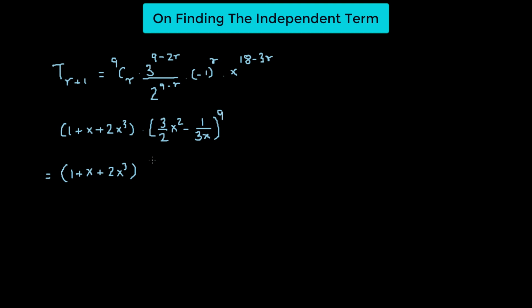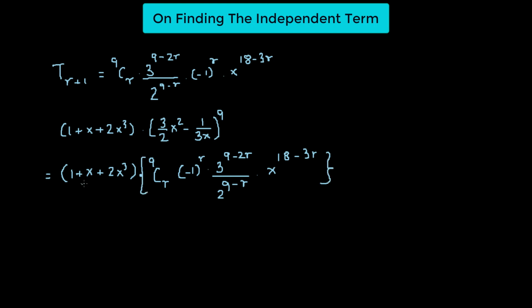So we have 9Cr times negative 1 raised to the power r times 3 raised to the power of 9 minus 2r divided by 2 raised to the power of 9 minus r times x raised to the power of 18 minus 3r, and put the entire thing inside the parentheses.